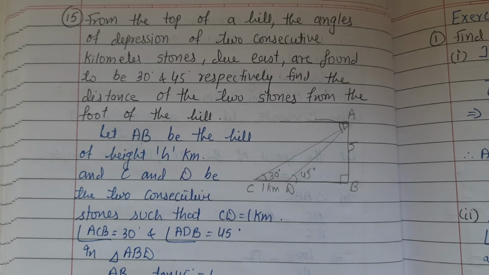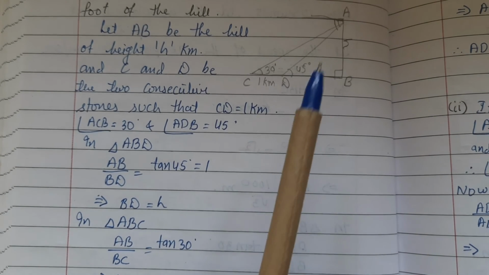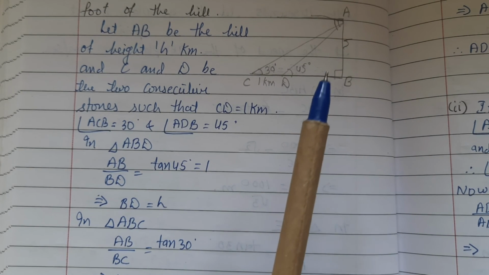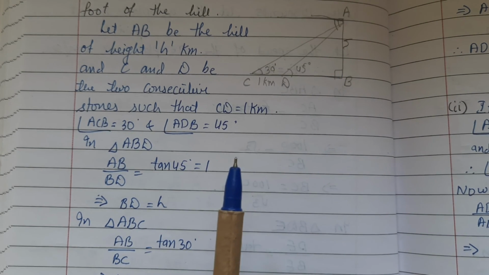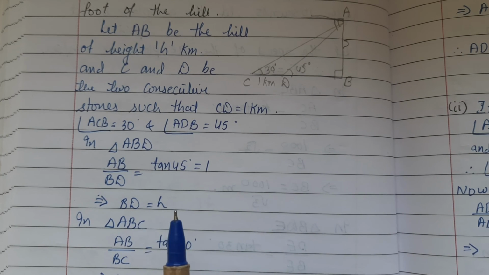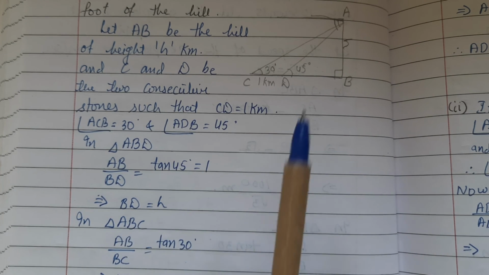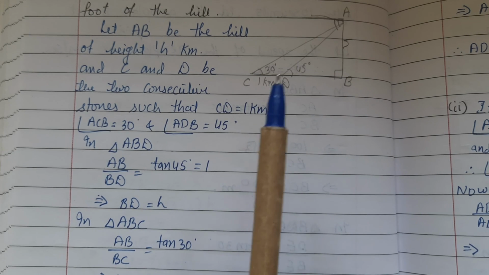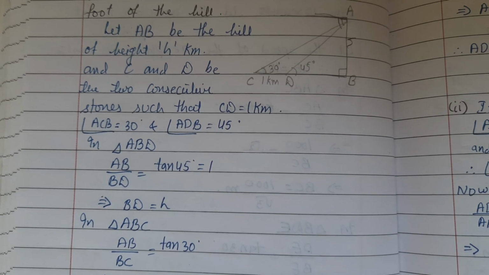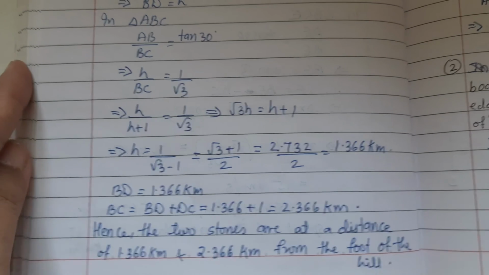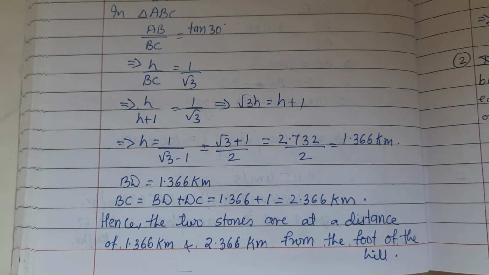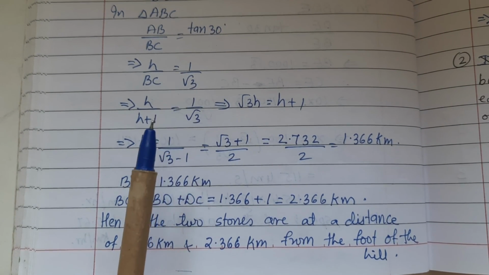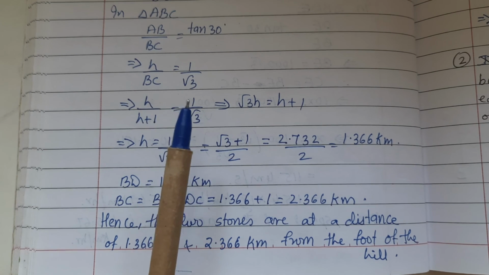In triangle ABD, AB upon BD equals tan 45 degrees, which equals 1, which implies BD equals h. In triangle ABC, AB upon BC equals tan 30 degrees, which implies h upon BC, which is h upon h plus 1, equals 1 upon root 3.